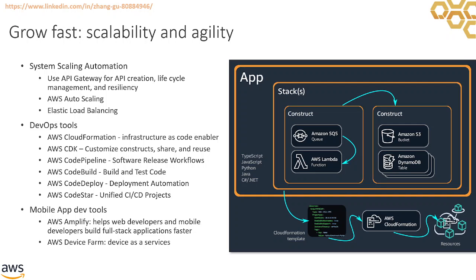For mobile device testing, AWS Device Farm lets you run automated tests for your mobile apps across an extensive range of real mobile devices hosted by Amazon without having to purchase, provision, and manage them by yourself.